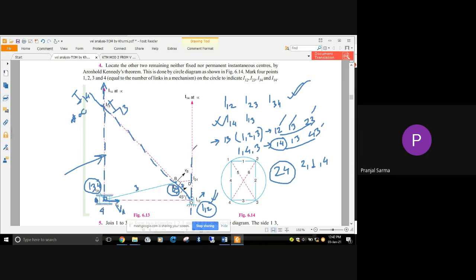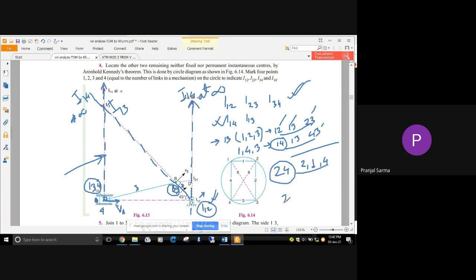If I shift an infinite length by a very small definite length, it will remain kind of parallel only. So here also I can consider I14 at infinity, because it is infinite length and the other lengths are very finite. Now these three instantaneous centers should lie on the same straight line.